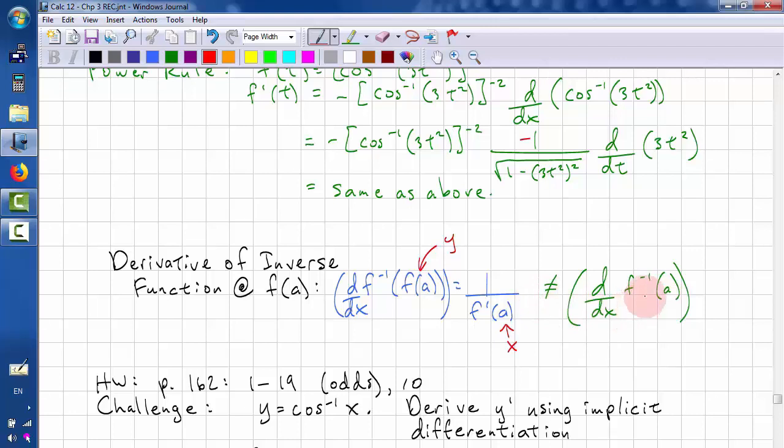Okay, so what you want to notice here, we can't take the derivative of the inverse at a. The derivative of the inverse needs to be done at f of a. That equals the reciprocal of the derivative of f at a. And that completes this lesson.